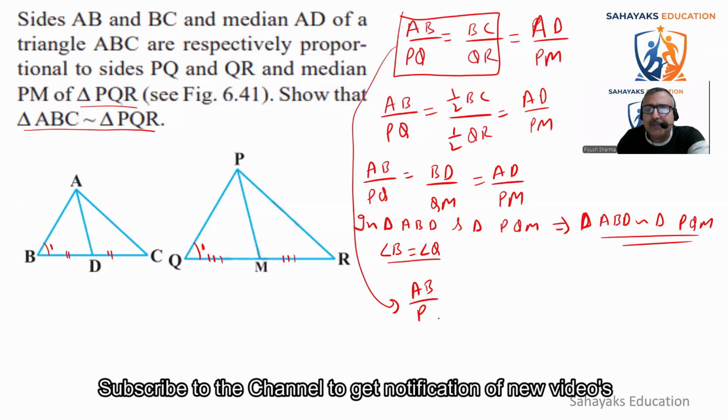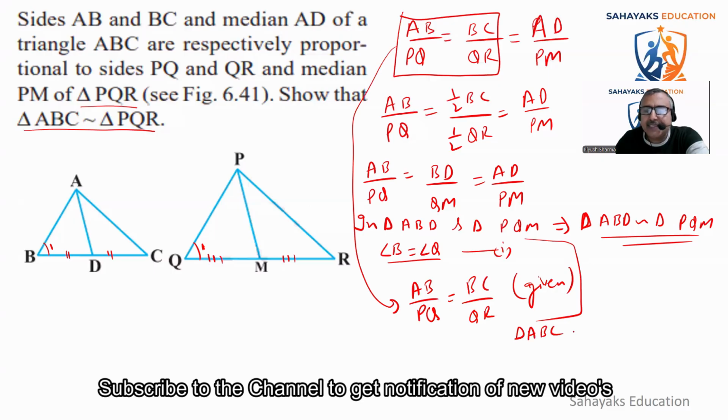AB by PQ is equal to BC by QR. Okay, this is given. And we also know that angle B is equal to angle Q. So from these two pieces of information, I can say that triangle ABC is similar to triangle PQR by the SAS similarity rule.